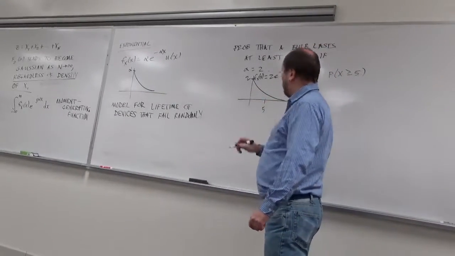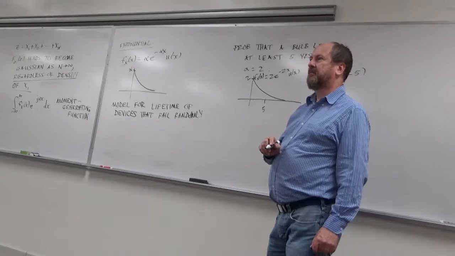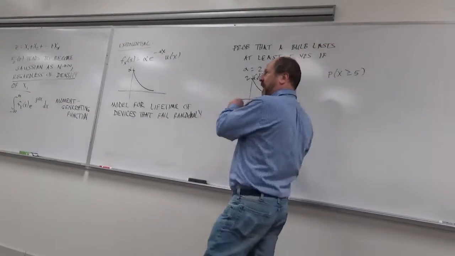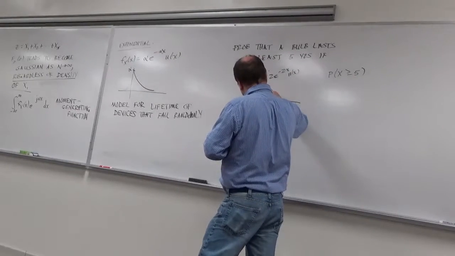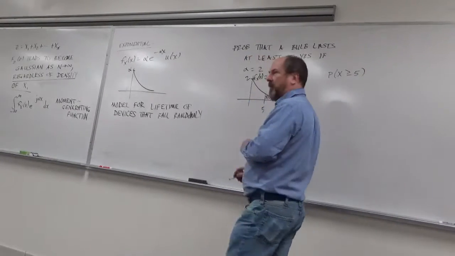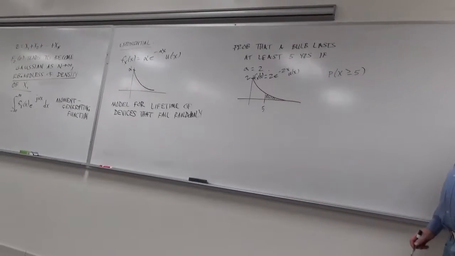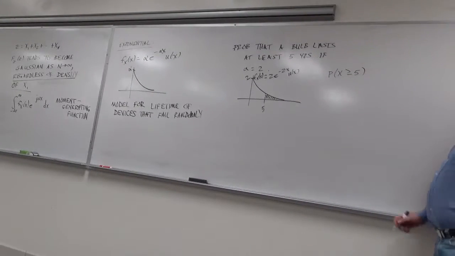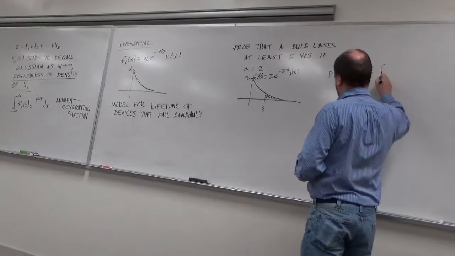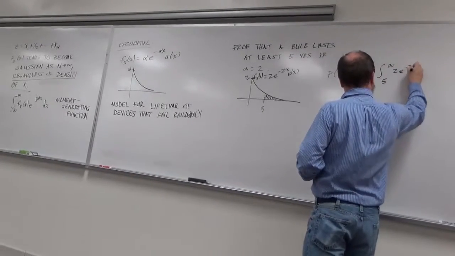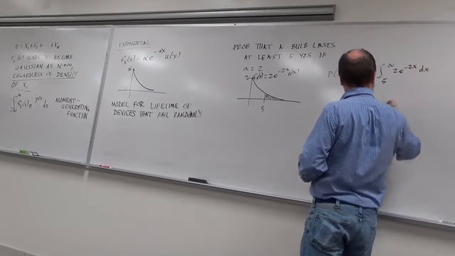I'll say 5 is right there. What do you want? Yeah, the area to the right of that. In other words, you want to know the probability that x is bigger than 5. That would be that area, which you could find from the integral from 5 to infinity of 2e to the minus 2x dx.